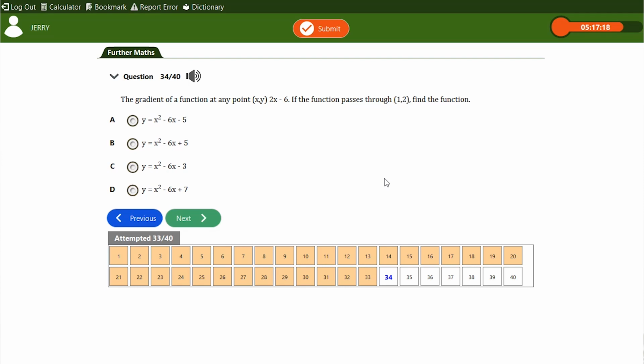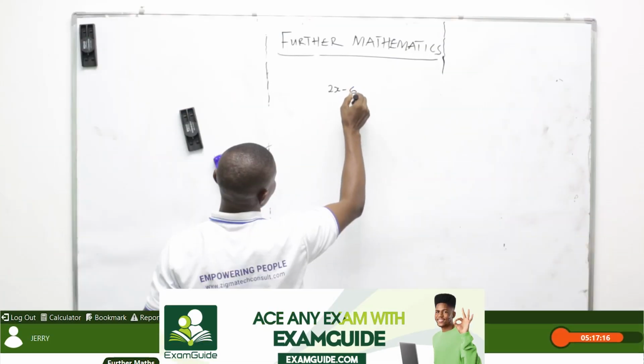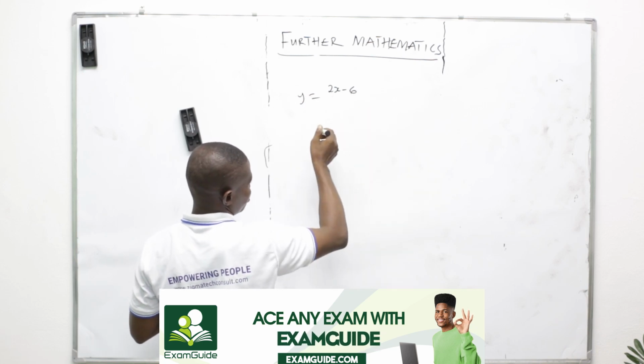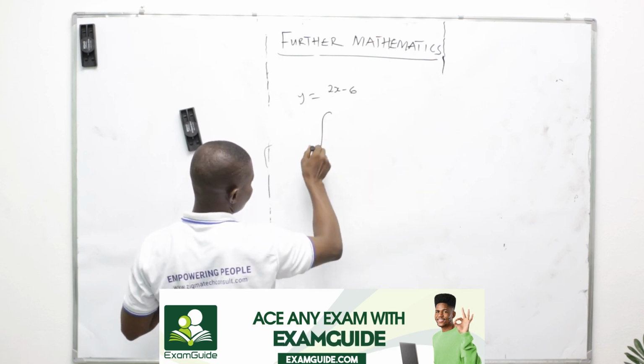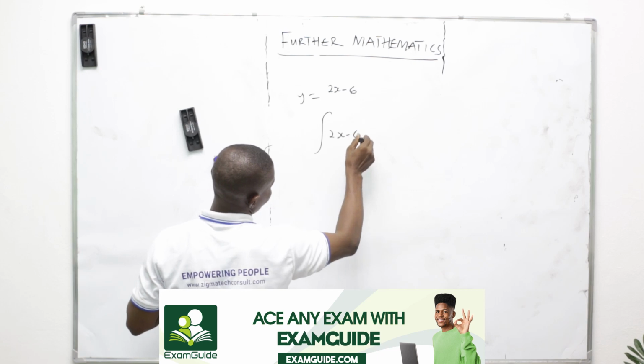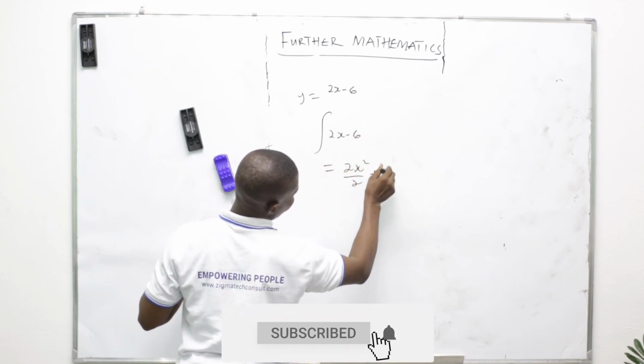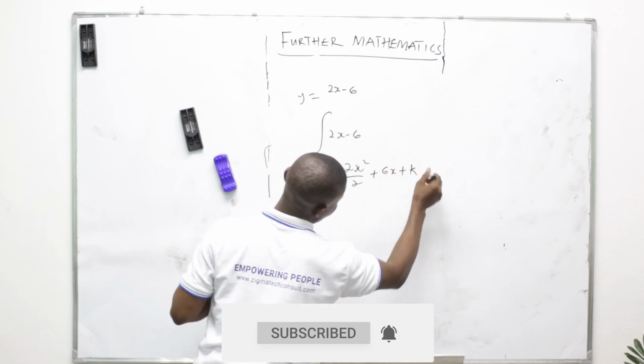So recall that y is the function. Integral of this will give us 2x squared all over 2 minus 6x plus k, a constant.